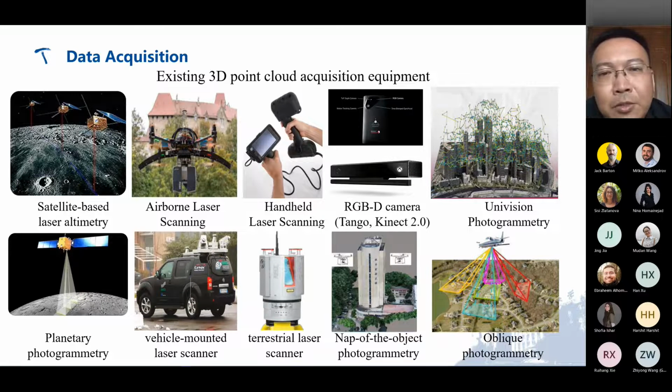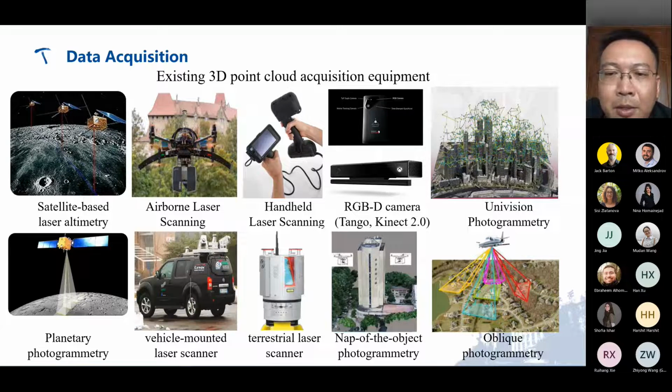So I figured actually we have quite a lot of sensors to acquire the three-dimensional data sets. We have LiDARs and the satellite-based, airborne-based, vehicle-based, and let's see the handheld and also backpack. Quite a lot of sensors. Besides the LiDAR technology at the moment, photogrammetry become popular as well for the 3D point cloud acquisition.